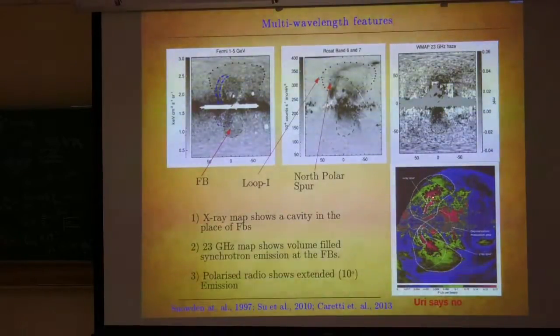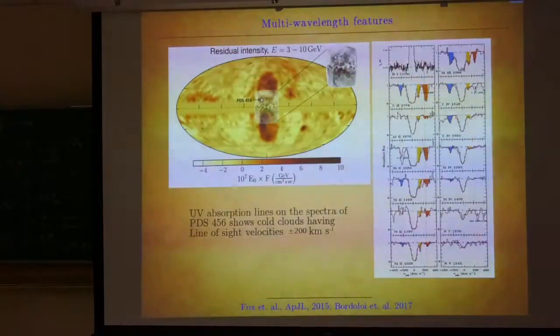We also see some polarized radiation towards the Fermi bubbles. Roland pointed out that this is related to the Fermi bubbles, but Yuri says no, so we have to wait for that. We also saw from Ramon's talk this week that there are some warm clumps towards the Fermi bubbles, with velocities from minus 200 kilometers per second to plus 200 kilometers per second.